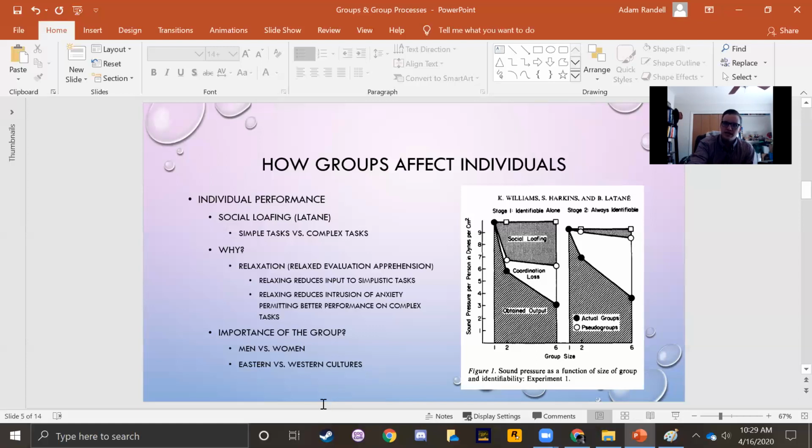Now, what you see here, in this condition, they were told that there was no mic on them, and they were told that they couldn't be individually evaluated. All right, and so sometimes they were asked to shout as loudly as possible by themselves. And this top line with the squares, right, at the top of the graph, plots their sonic output when yelling by themselves. All right.